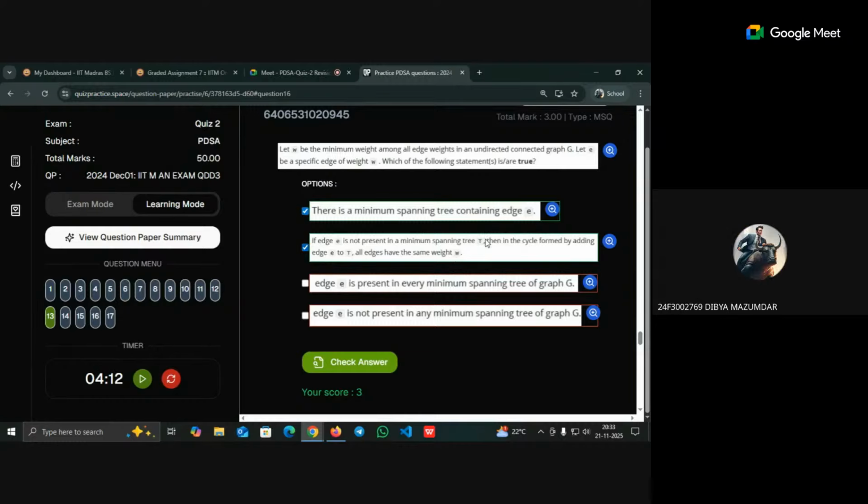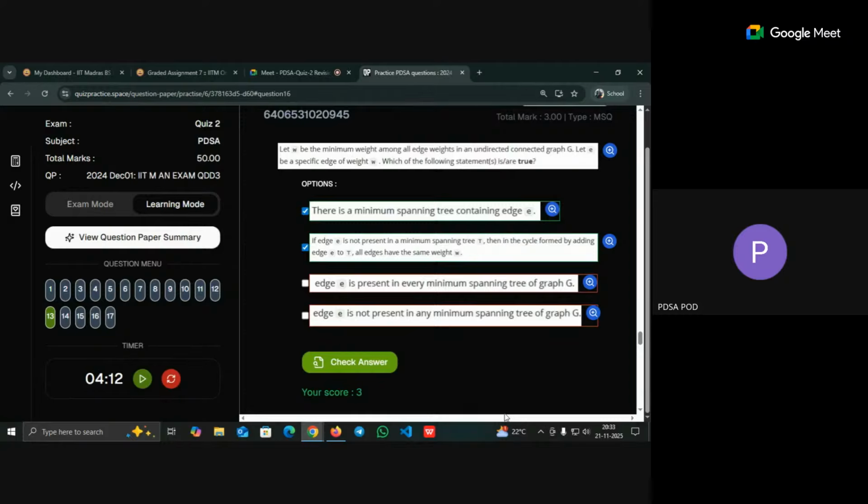What does it mean? Let's say you have a minimum spanning tree. Then you are just adding the edge E to this tree. Now it will no longer be a tree, it will be a graph.